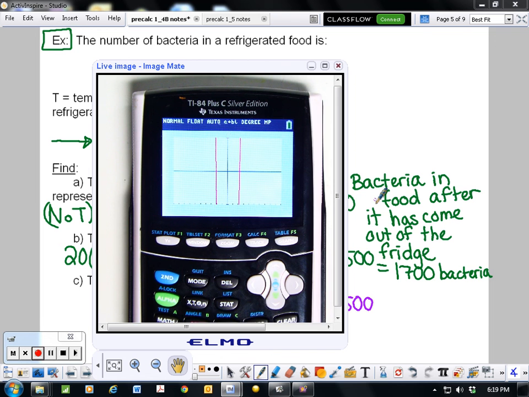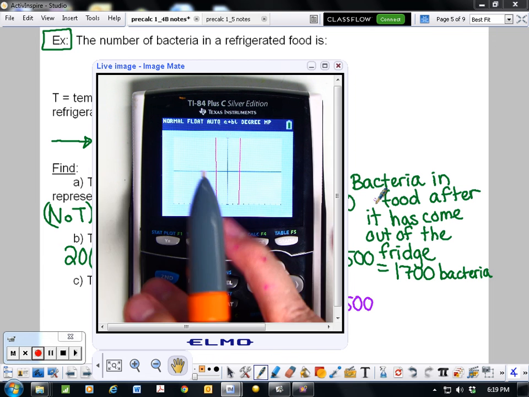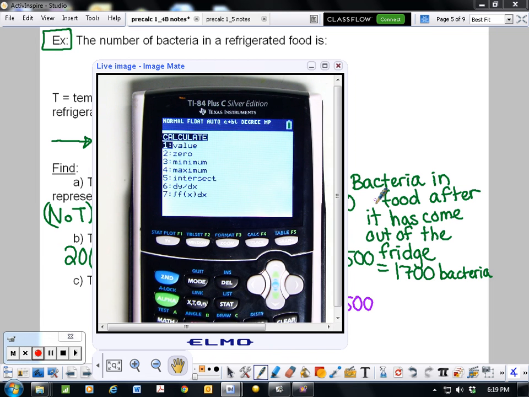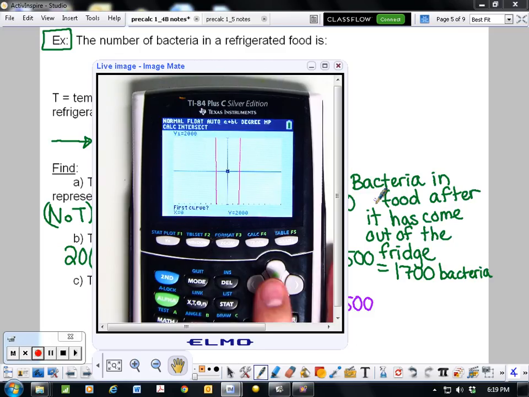And then we can try and trace to estimate, or we can go in and calculate. I could calculate the intersection. So I want to intersect this graph with the second curve. And right there we get that intersection at 2.220486.